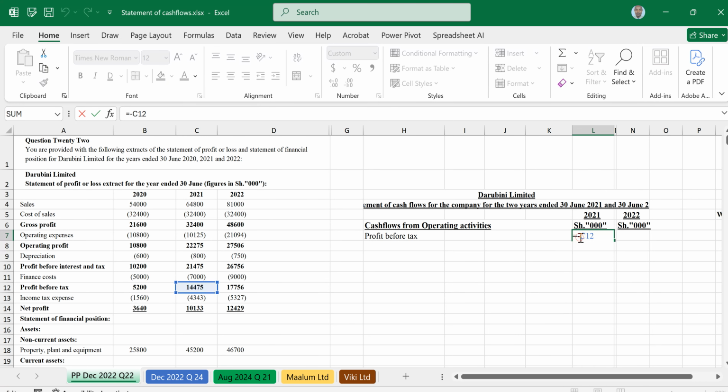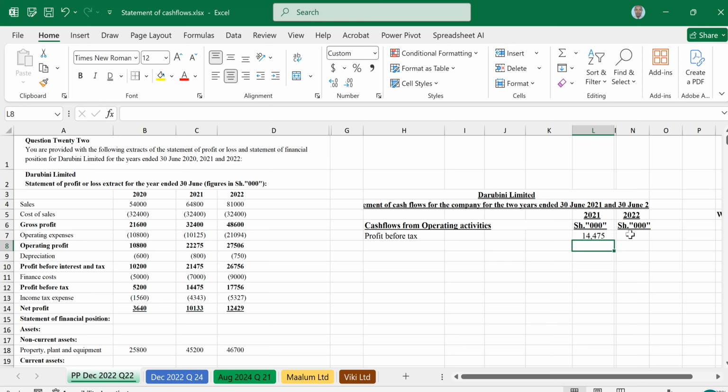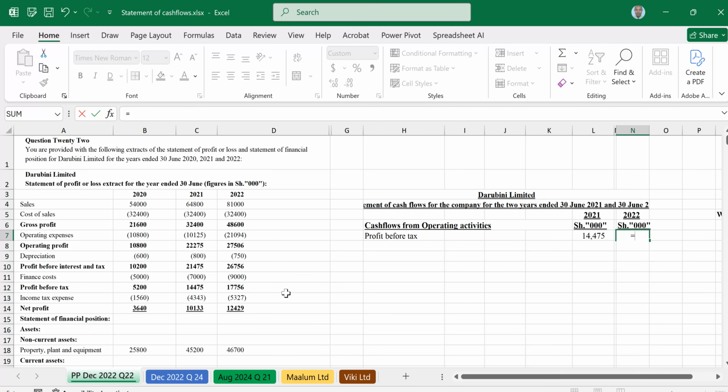We need a positive figure, so it's 14,475. The other one, 17. That is for the 2 years. Profit before tax.